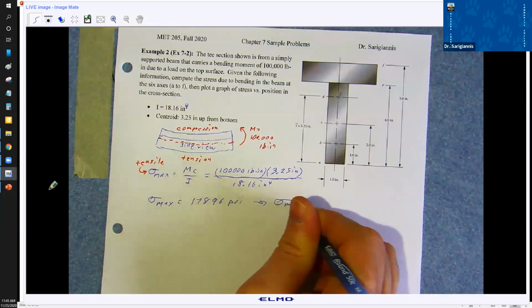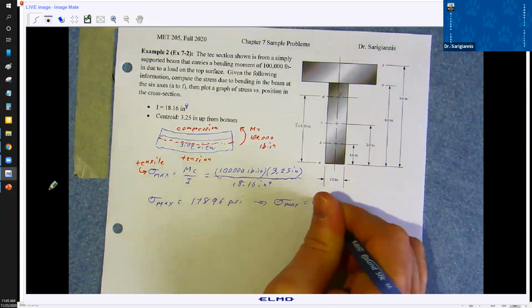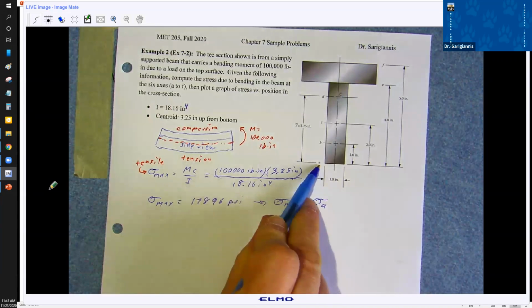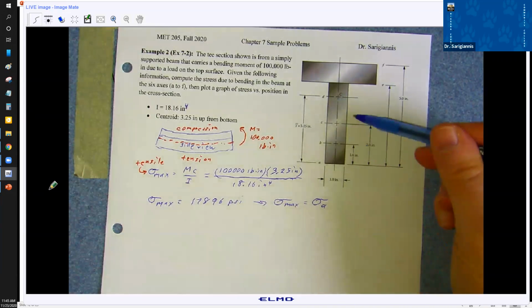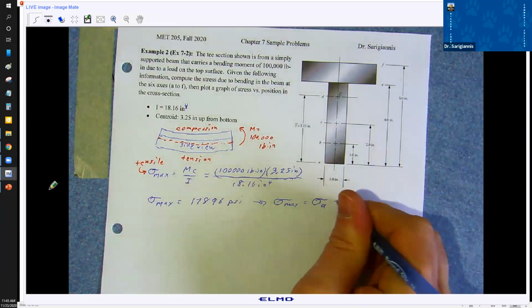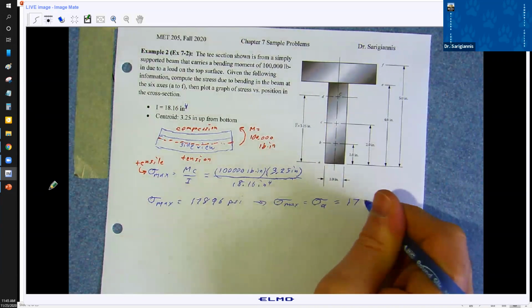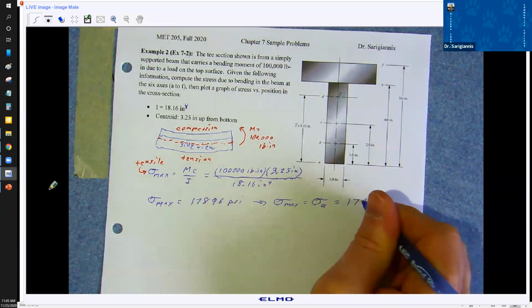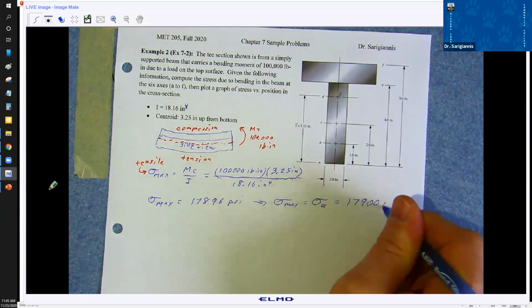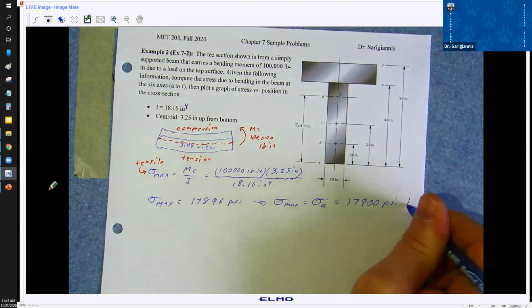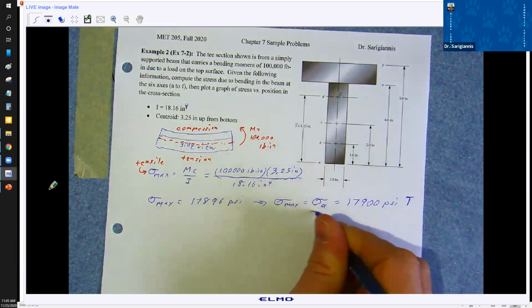Sigma max is equal to sigma A. We're supposed to find the stress at A, B, C, D, E, and F. And I'm going to put a T next to it for tension.